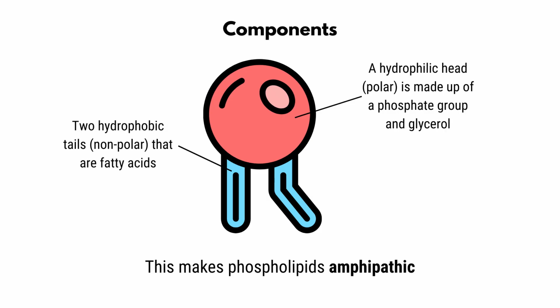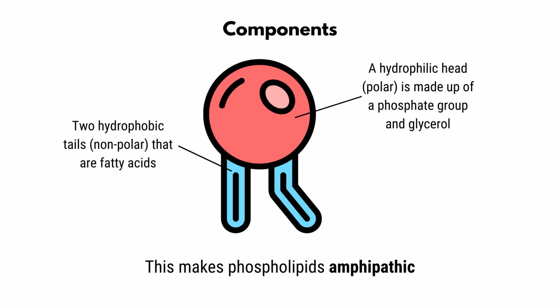Now let's look into the deeper components of the phospholipid. As you can see, this is a pretty generalized view of it. The actual phospholipid would be made out of chemicals, but in this case, this visual represents a simplified version. First, the red circle here is not really a circle, but it is a phosphate head that's combined with glycerol, and this part of the phospholipid is polar and hence hydrophilic.